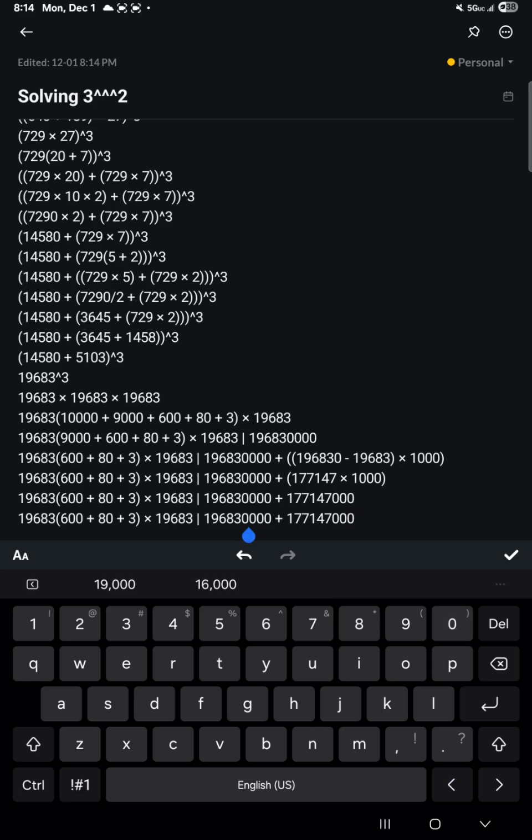So 0 plus 7, that's 7. 3 plus 4 is 7. 8 plus 1 is 9. 6 plus 7, that's 13. Carry the 1, get 23. 0 plus 7 is 7. And 2 plus 1 is 3. Let's cancel this out.